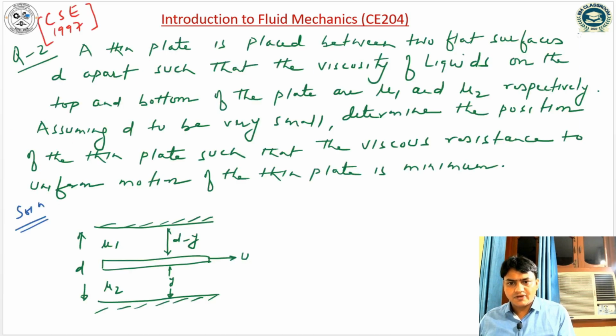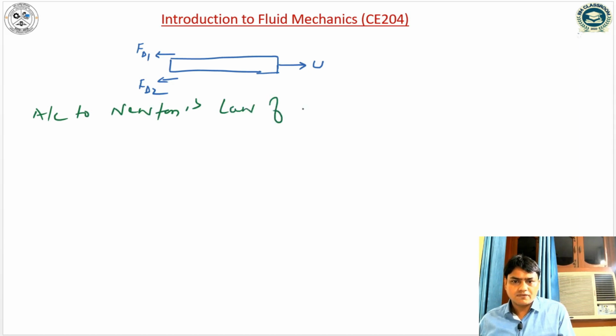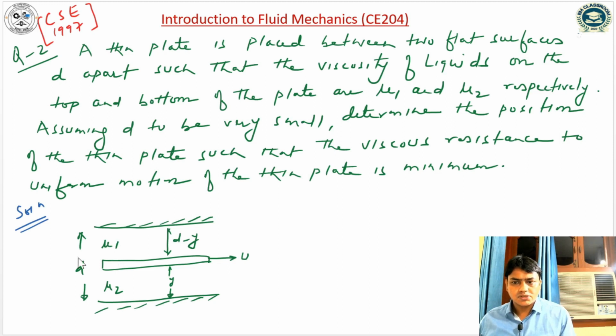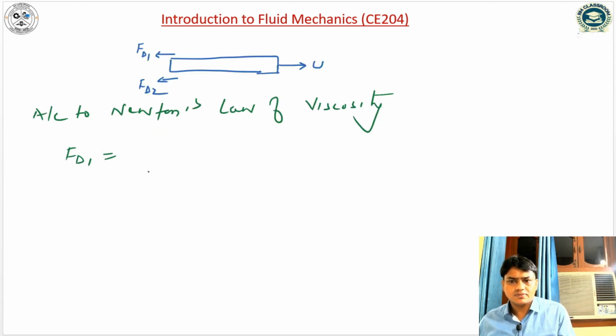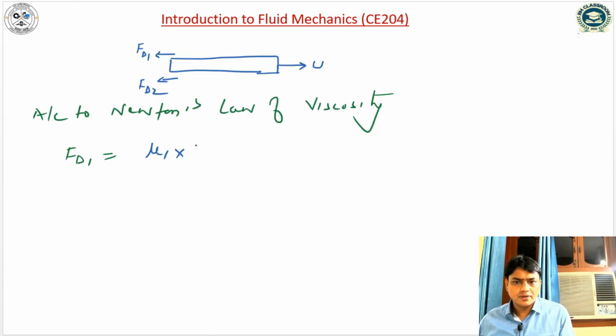So on the top, Fd1 can be written, according to Newton's law of viscosity, as Fd1 is equal to mu1 into u divided by d minus y into A.